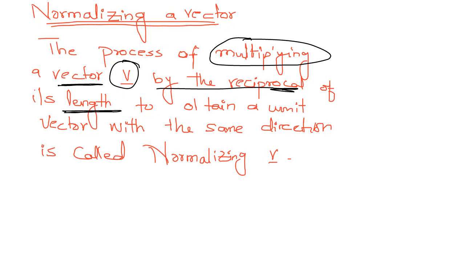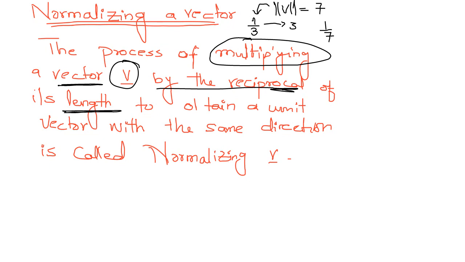Reciprocal means, for example, you find the length of the vector v, which is equal to, for example, 7. Then the reciprocal of this is 1 over 7. Or for example, if the length is 1 over 3, the reciprocal of 1 over 3 is 3.